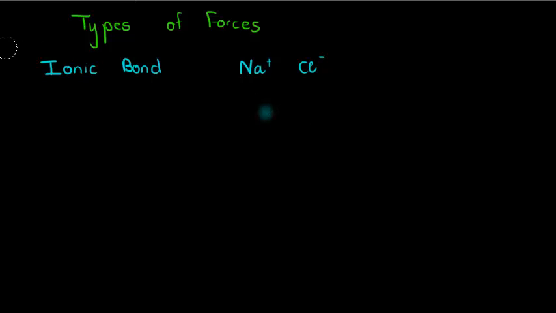In this molecule the one end is negative, the other end is positive, which means we have two poles, a positive pole and a negative pole. This is called a dipole, di referring to a two-pole molecule. There's two poles in this molecule.